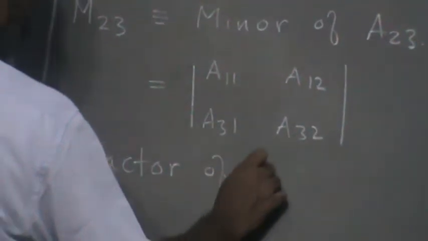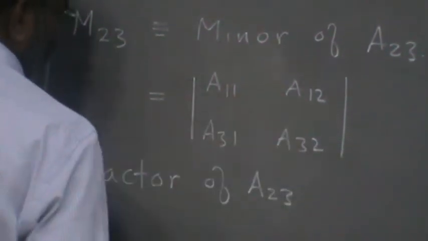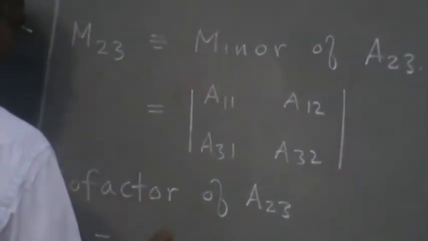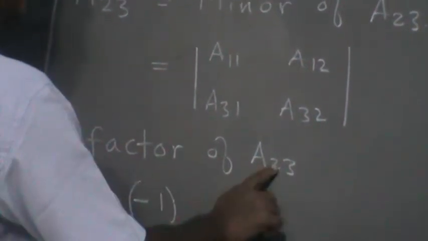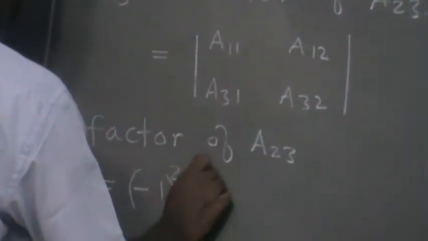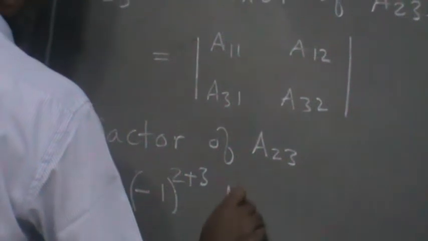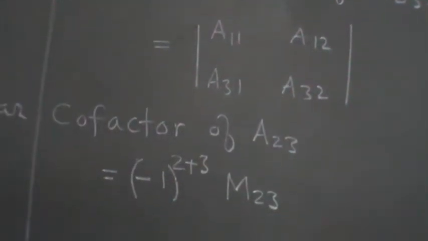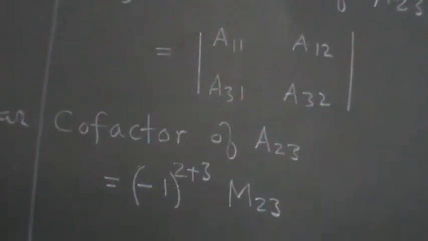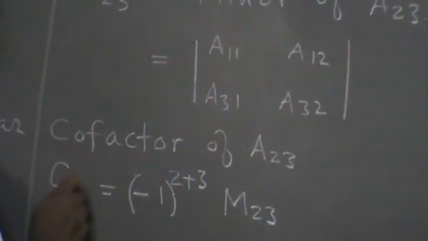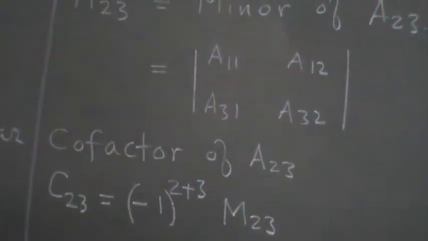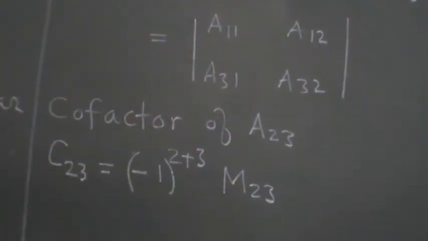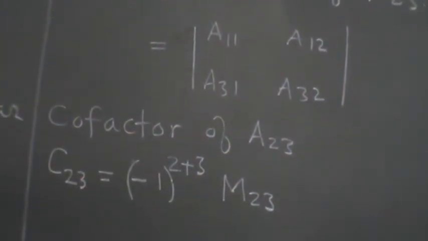Cofactor of Aij is equal to -1 to the power of the sum of row index plus column index, into Mij. Cofactor of A23, which I will call C23, is equal to -1 to the power 2 plus 3 into M23.